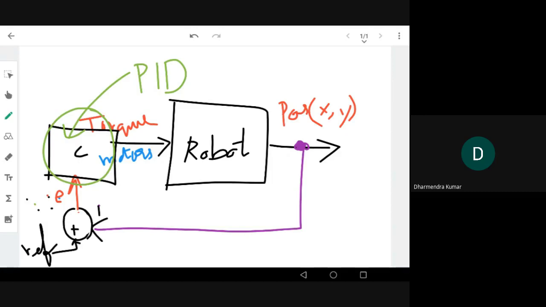The pilot, when flying the plane, wants some degree of what is called the yaw angle, by which the airplane wants to turn left or right. So the real yaw angle measured by the gyroscopes is compared with the reference yaw angle which the pilot wants, and this error is going to a controller.